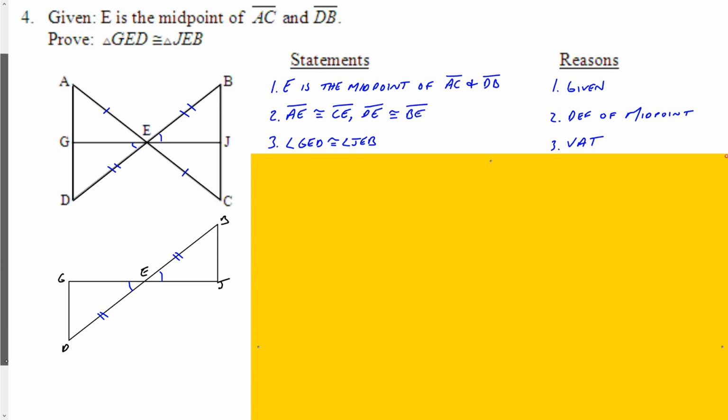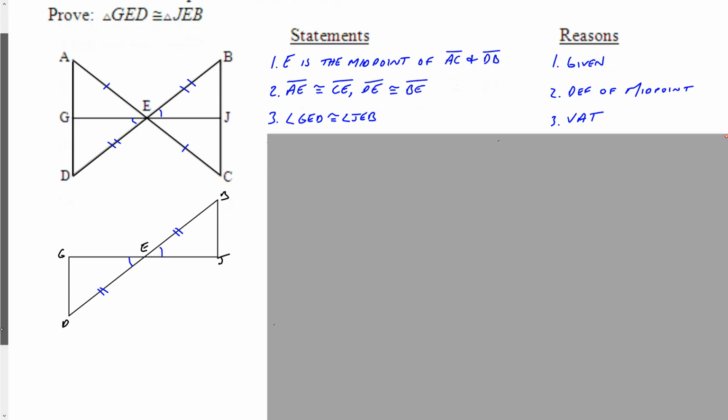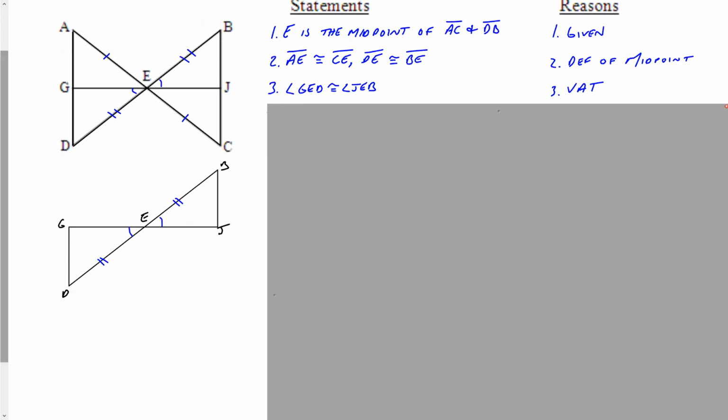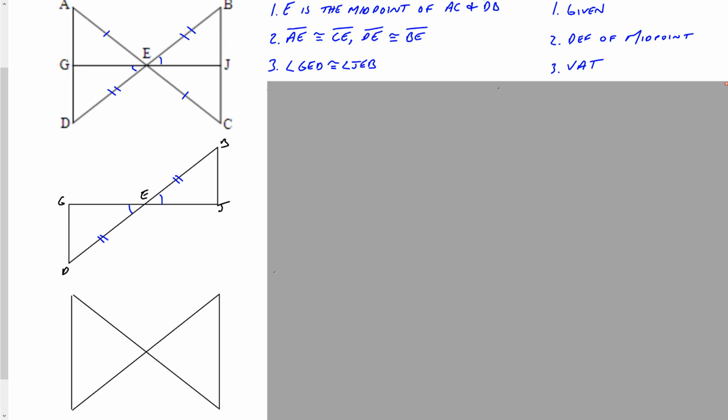Well, looking at this picture, I can see that I have a second pair of triangles where I already have two sides congruent to each other. So if I pull those out and redraw those, and this does take some practice to be able to see which triangles you'd want to be dealing with. That's why it's so important that we actually do the practice.